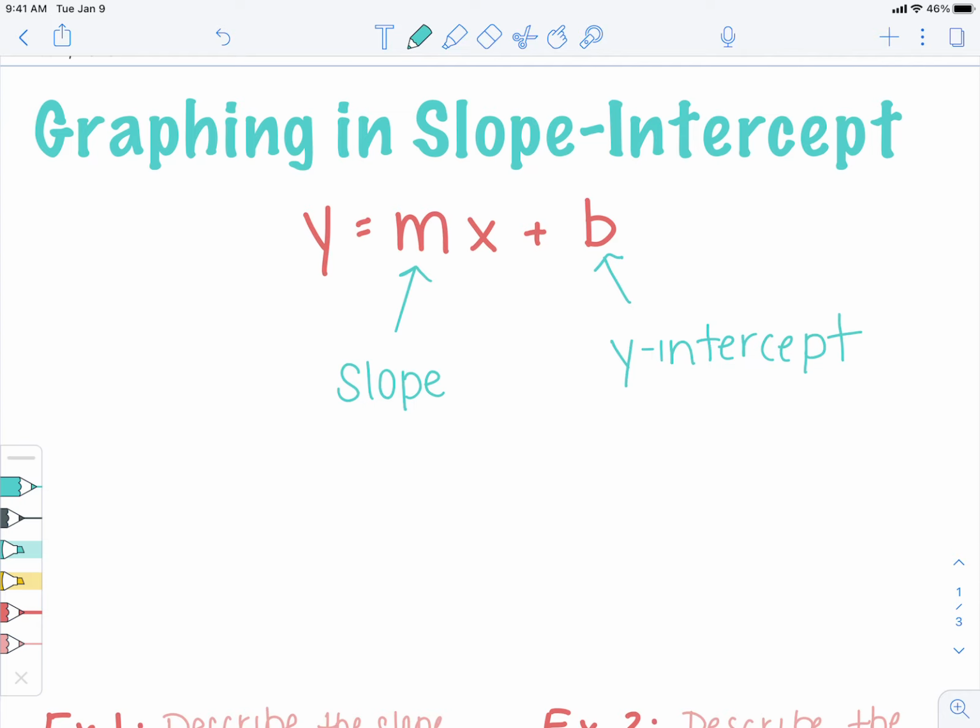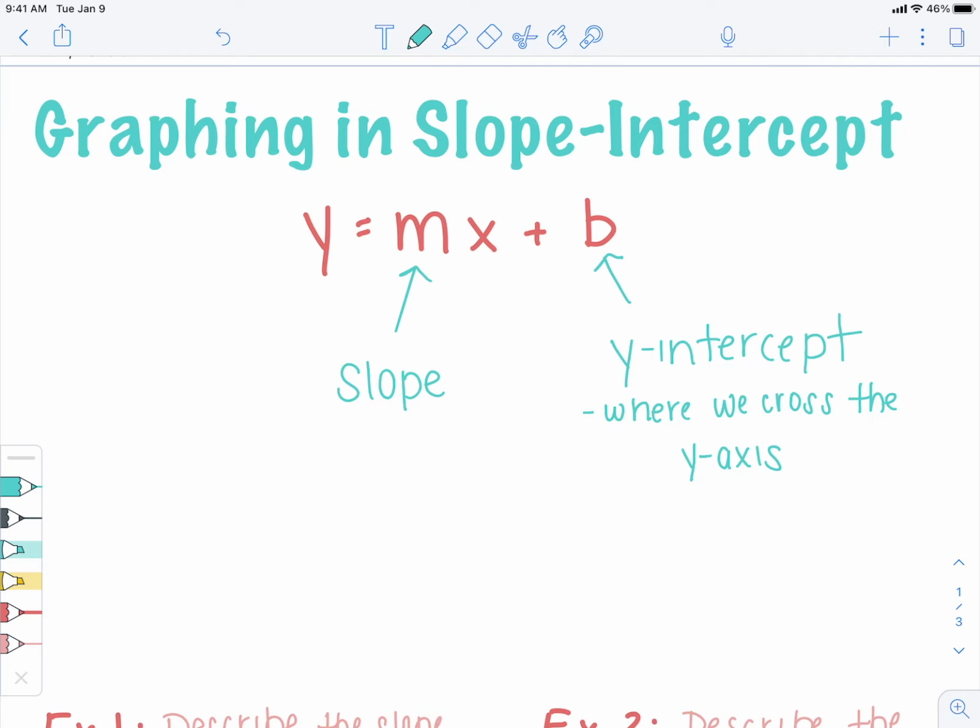And we remember from last time that our y-intercept is where we cross the y-axis. And your slope is how much your graph is changing, right?